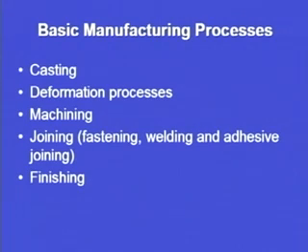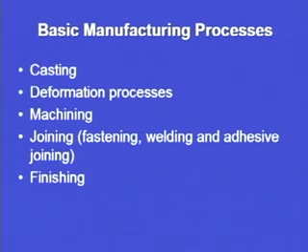The basic raw material in case of these deformation processes can either be a bar of material, it can be a rod, it can be a sheet metal, it can be a plate. So, all these types of raw materials, using any of the deformation processes, will be converted from the raw form to the final form, that is in the form of a product.